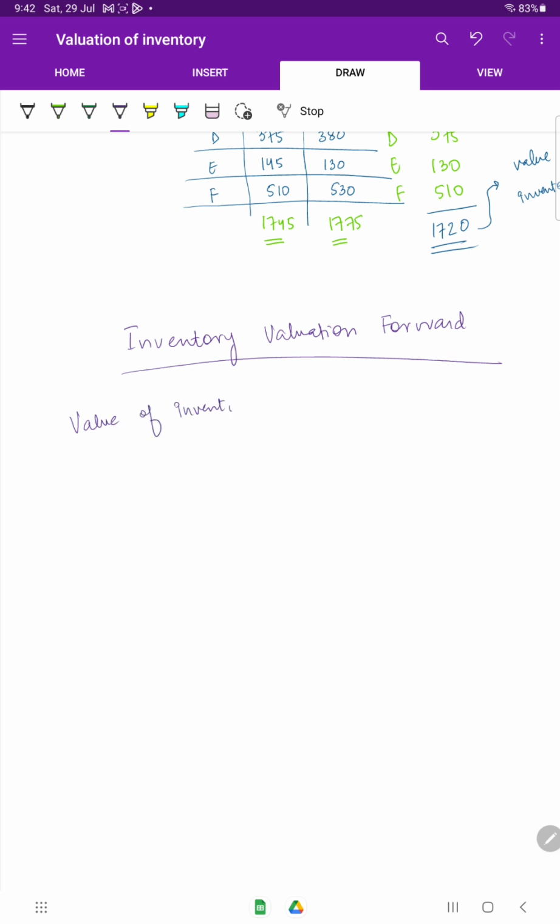For these two formats, I am assuming that my financial year is ending on 31st of December.